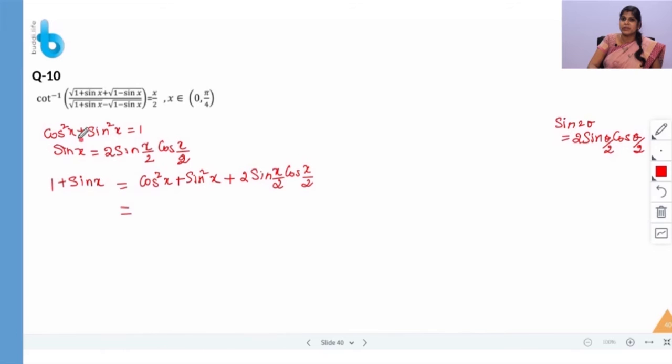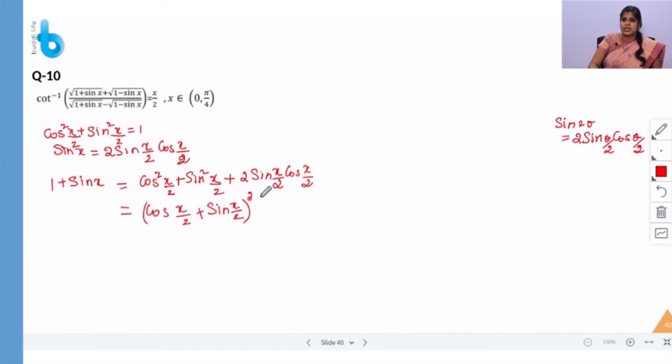It's okay, if you divide the theta by 2 also, you will get the same result. So here also we can write 2. So this whole thing can be written as cos x by 2 plus sin x by 2 the whole square.